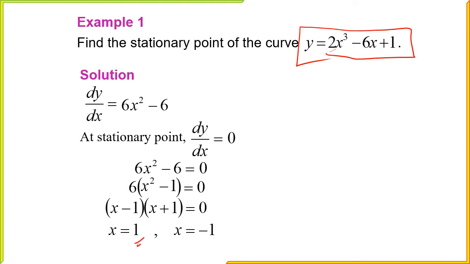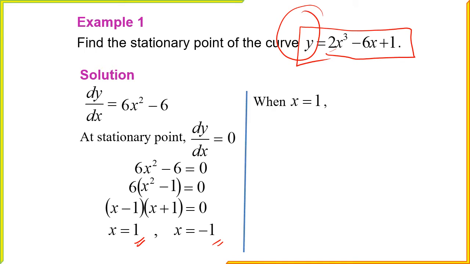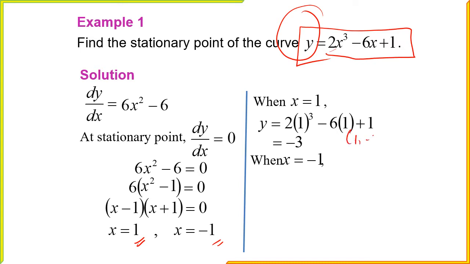Okay, now we know the x coordinates. Can we find out the y coordinates? Yes, by substituting x into the equation of the curve. So we substitute x equal to 1 into y equal to 2 multiplied by 1 cubed minus 6 of 1 plus 1, and we get y equal to negative 3. So the first point is (1, negative 3).